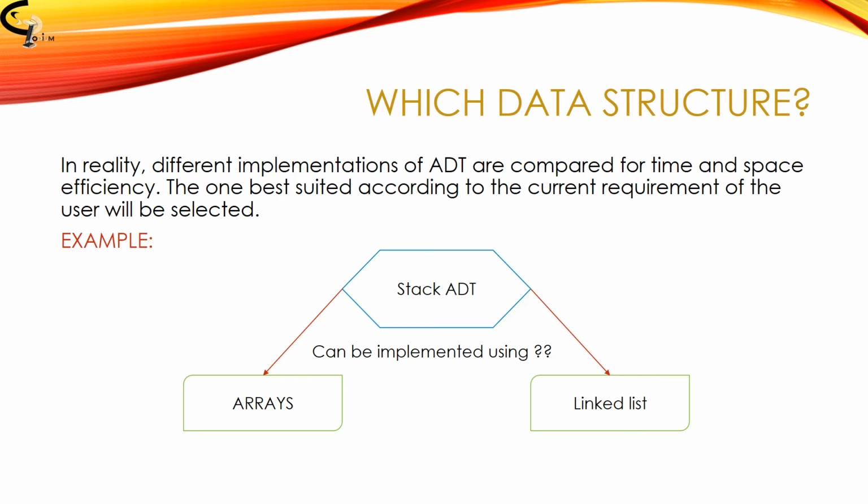If the user wants to save space, the data structure which best fulfills that requirement will be selected. And if the user wants to save time and wants the program to run faster, the data structure which runs appropriately will be selected.